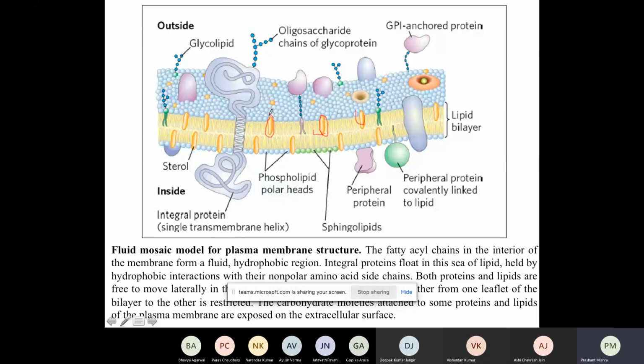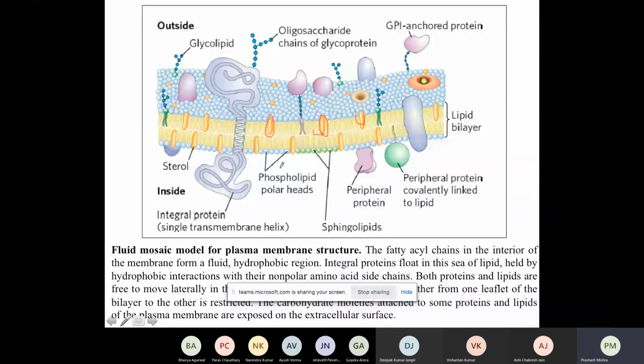So under those conditions, if I have the presence of cholesterol, this will help the membrane not to crack. Why? Because they are embedded in between and they will interact with the fatty acid. Fatty acids will not have very strong interaction with each other because of the presence of these bulky molecules, and that is why they will not crack.